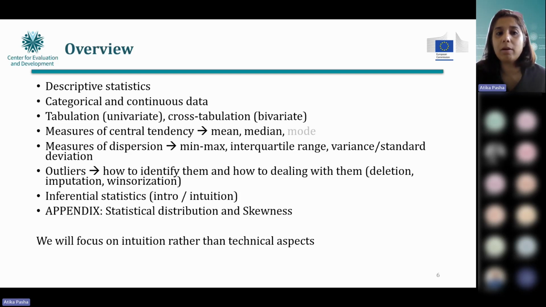Then we talk about the dispersion in your data, or how widespread your data is, and the measures that you can use to capture this dispersion. And then briefly go into outliers, which are entries, cases or observations that are particularly different compared to the remaining observations.